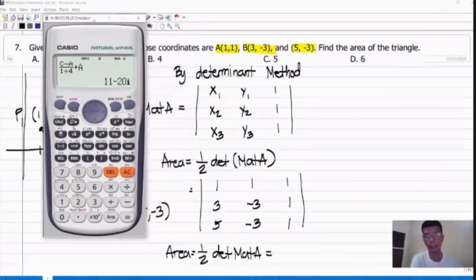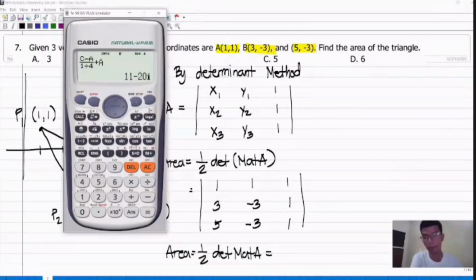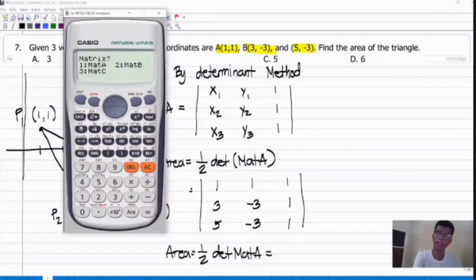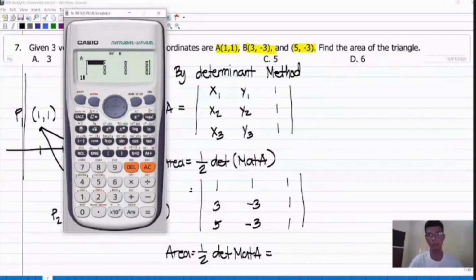That is mode number 6 for matrix. We save matrix A, so number 1, and it has 3 rows and 3 columns. Enter the first row 1, 1, 1; the second row 3, -3, 1; and the third row 5, -3, 1.